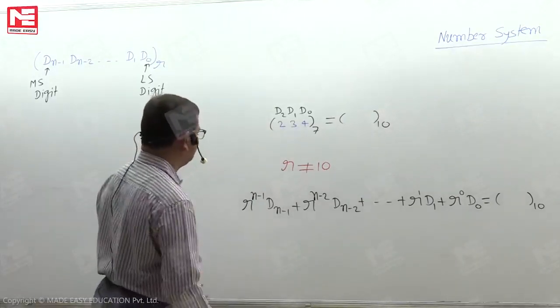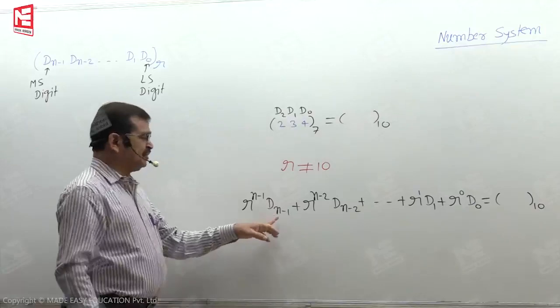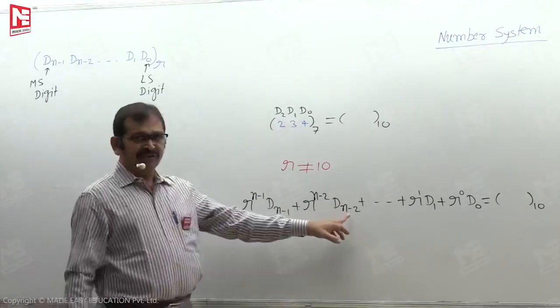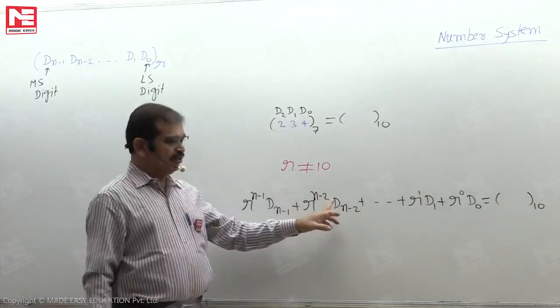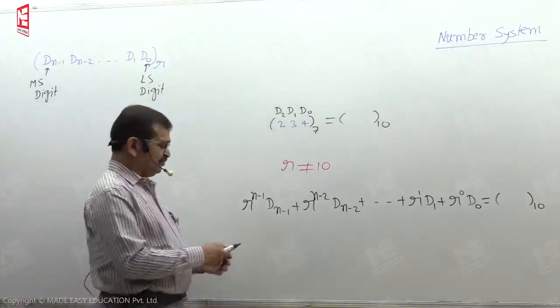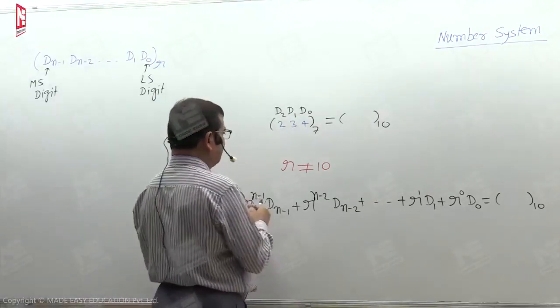If the d suffix is n minus 1, the radix power is n minus 1. If the d suffix is n minus 2, the radix power is n minus 2, and so on. It is the observation what we are having.